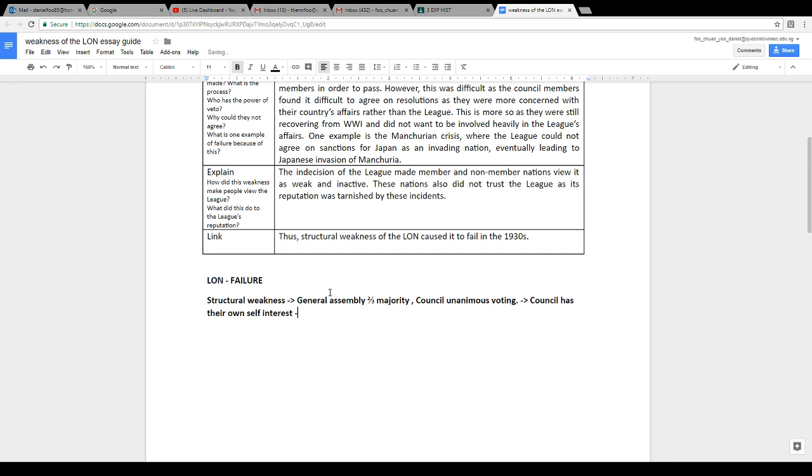This comes from their experiences in World War I. Most of them wanted to rebuild rather than be involved in other people's affairs. Hence, it was difficult to obtain unanimous voting from the Council. So this led to some failures.